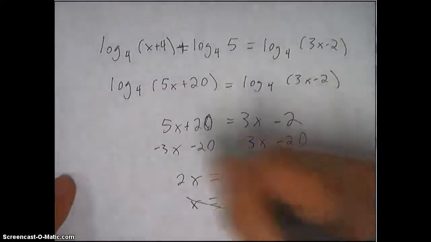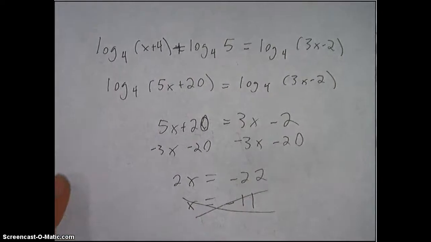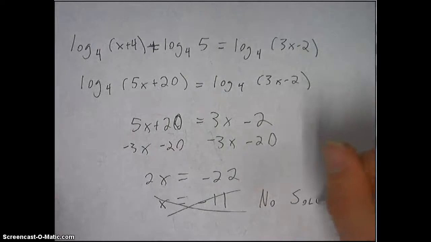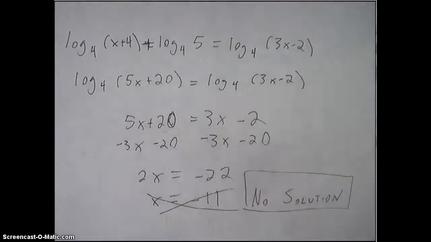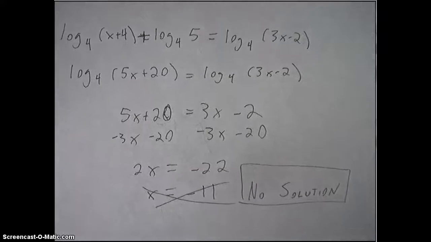So this cannot be the solution, because we can never take the logarithm of a negative number. So this one, in fact, is no solution. So that's why it's going to be important to plug that x back into the original problem to make sure that you didn't find a solution that's not calculable. Never can take a logarithm of a negative number, so be careful.